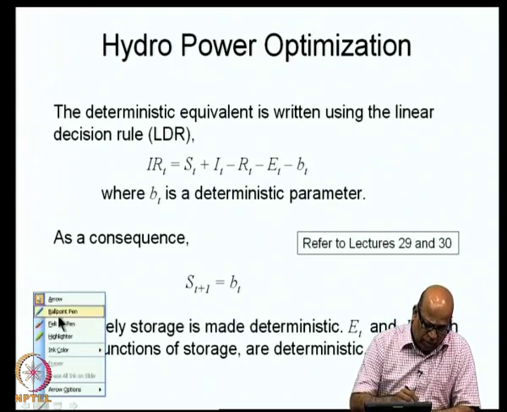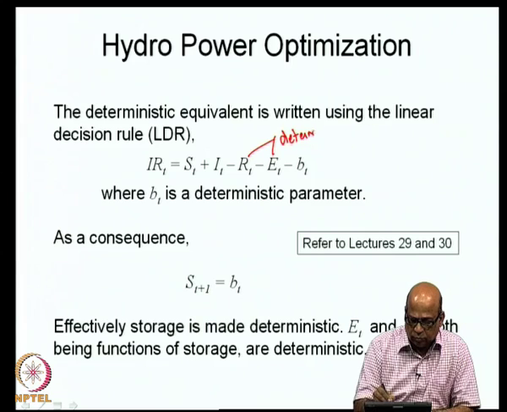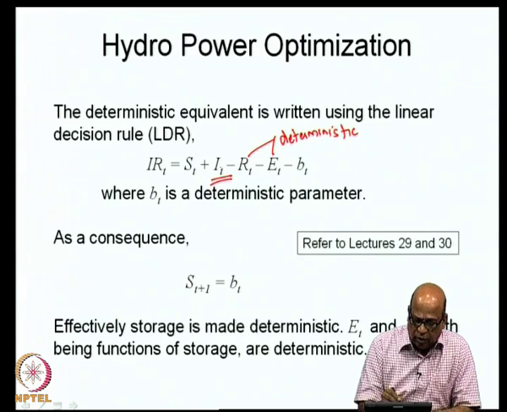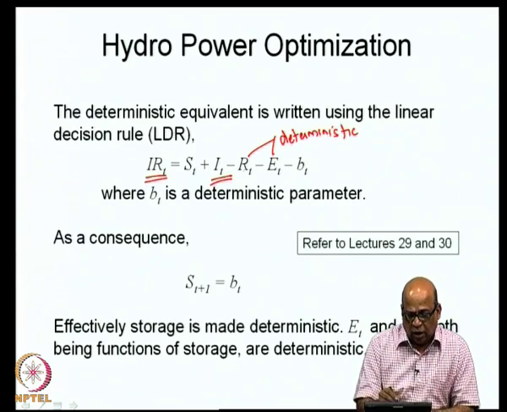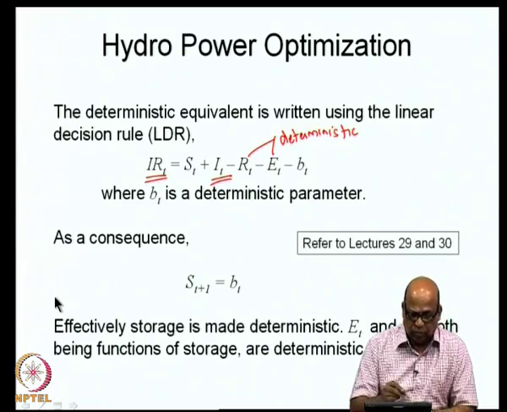Now, remember here that R_t and E_t both are taken as deterministic. It means that whatever is the variance in I_t, or whatever is the uncertainty in I_t, is all transferred to the uncertainty in I_r,t, and R_t and E_t are retained as deterministic variables.